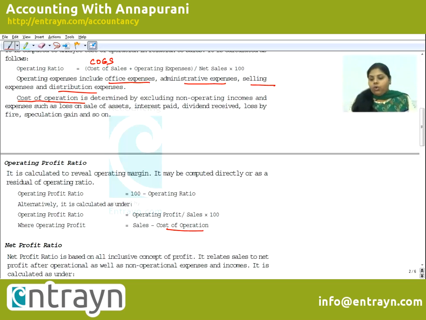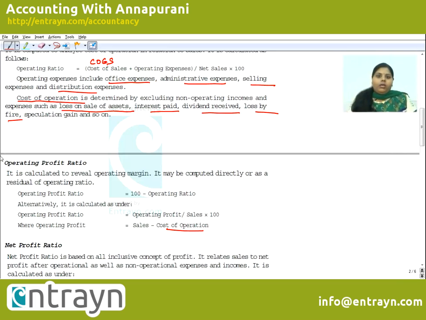So this is how we relate each of the ratios. The non-operating items are loss on sale of asset, interest paid, dividend received, loss by fire. Students, please understand the concept of operating. The word operating means it comes in regularly every month.